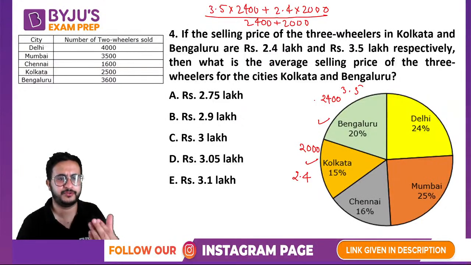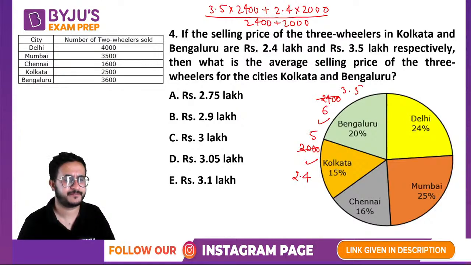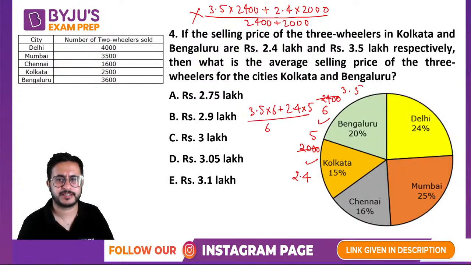So in order to reduce it, we consider it as 6, and this we consider as 5. Instead of doing the full calculation, we can do 3.5 into 6 plus 2.4 into 5 upon 6 plus 5. So you can directly find.